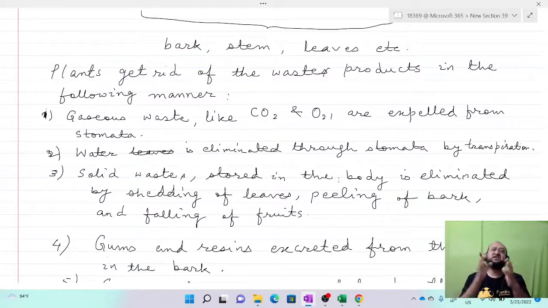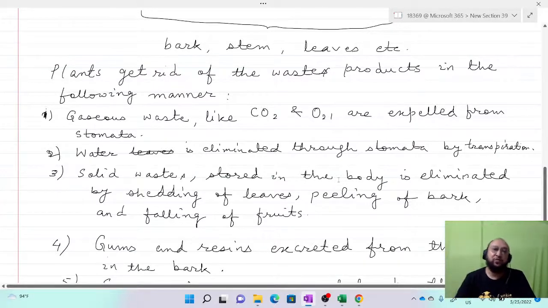Now, some wastes are stored in the bark, and peeling of bark takes place. This is also one of the processes of excretion, because some of the solid substances, organic wastes produced in metabolic reactions, are stored in the bark, and the peeling of bark removes the waste from the plant body. In some cases, wastes such as oils are stored in the fruits, and that is removed by falling of fruits.